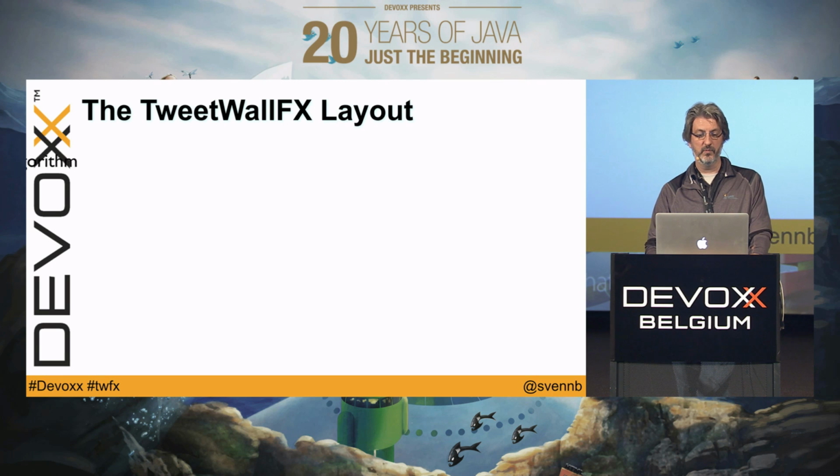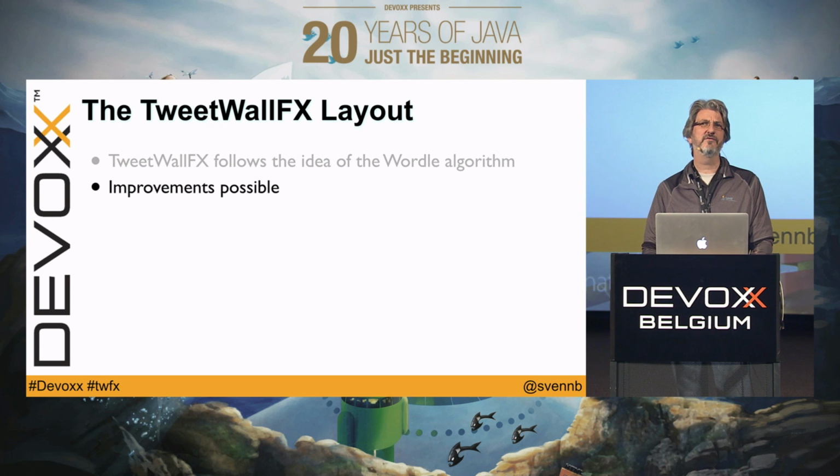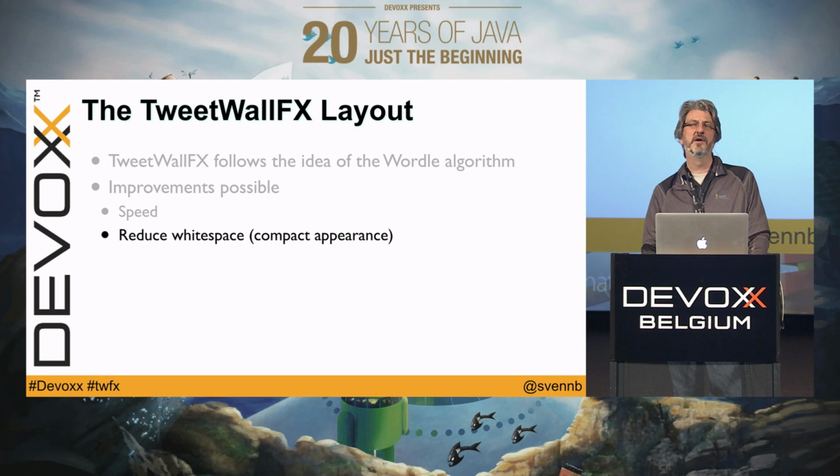We just use the word cloud algorithm in a way for doing this, so we can dig a bit deeper further down the road. But there are definitely improvements visible. So we are using a lot of space, and we use speed. If you want a compact layout, you have to be very clever in detecting intersections.